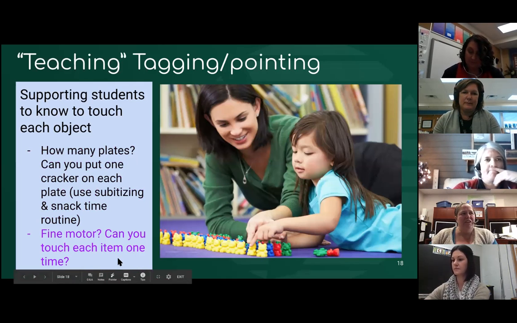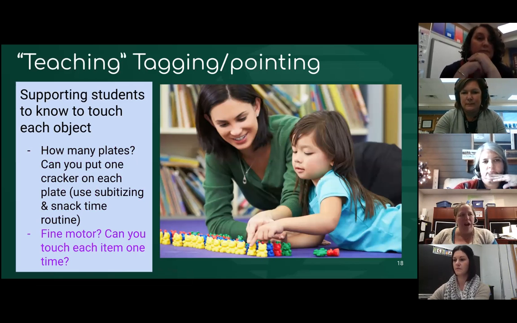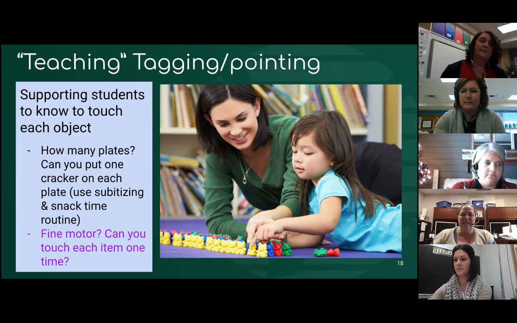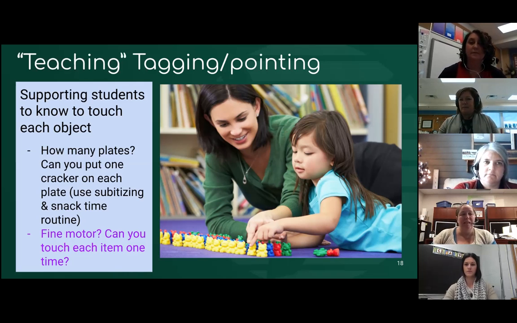The other thing that I wonder about, and I'm hoping that some of you will try it out and see if this helps, is that perhaps part of what some students are struggling with, like our first little guy in the video where he was just kind of sliding his finger along and not really identifying each cube, might just be the strategy of touching each object that they might need to work on separate from counting.